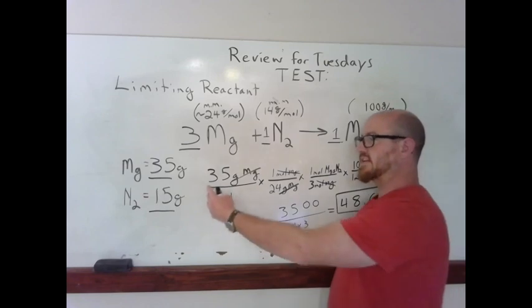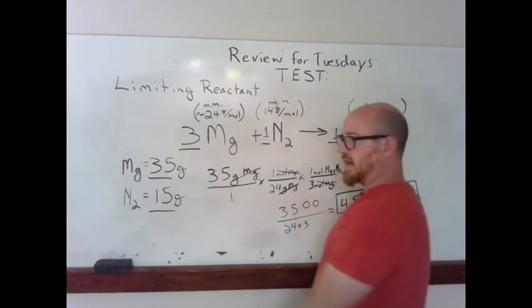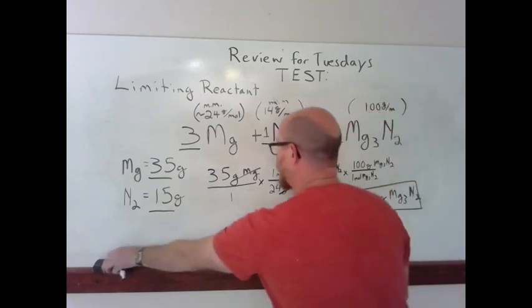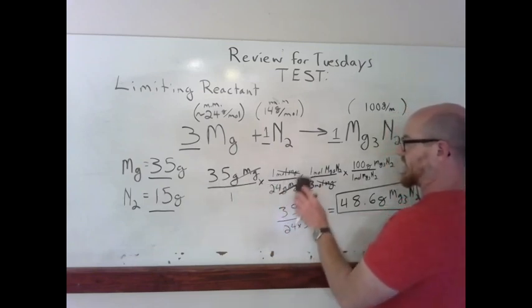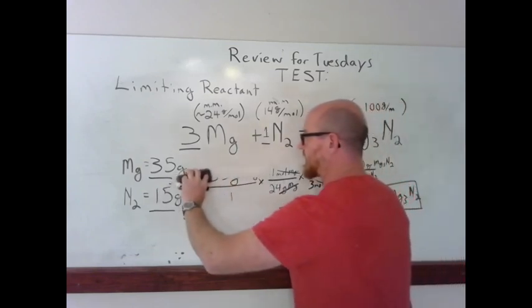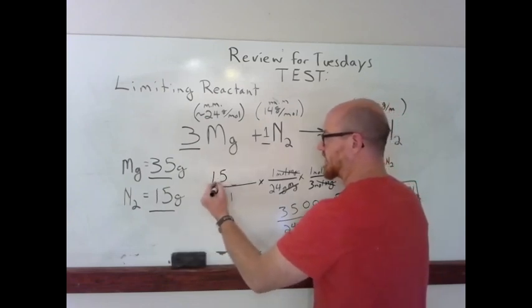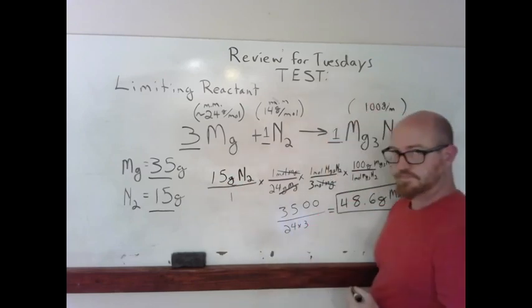Now we need to do that same thing again, but this time with our nitrogen gas. We started with 15 grams of it. So I can do the same equation here because the only two things I need to change are right here. So I'm going to start with 15 grams of N2.